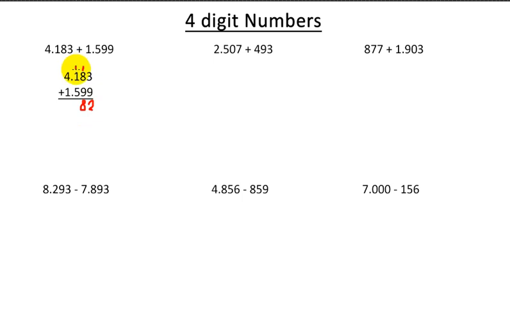Write 8, carry 1. 1 and 5 makes 6, and 1 more makes 7. I didn't carry anything over because my result here was a 1-digit number, so all I have to do is 4 and 1, which makes 5. And I put the comma in as well. So my result is 5,782. That's for the first one.